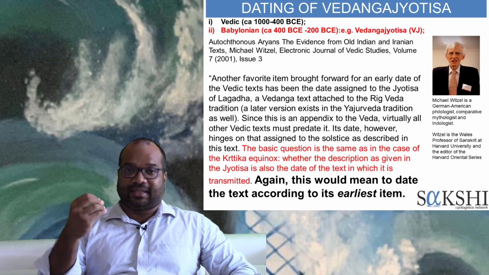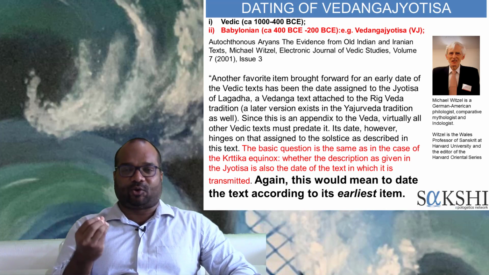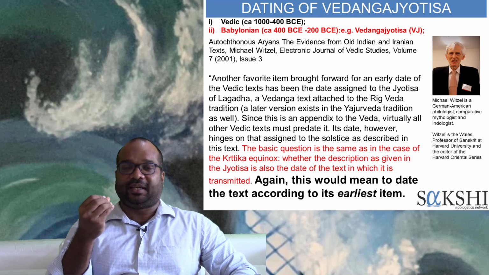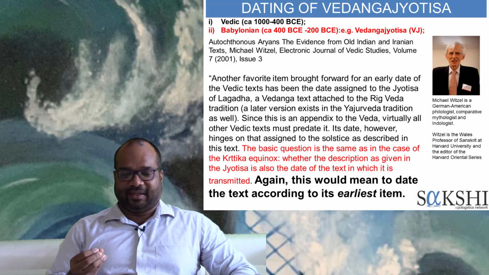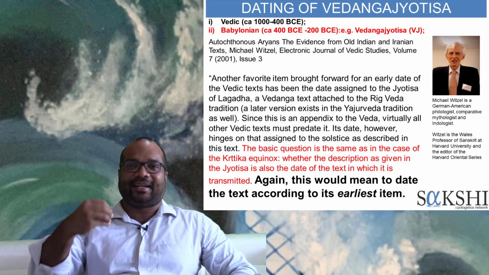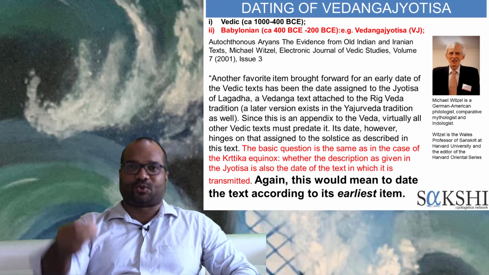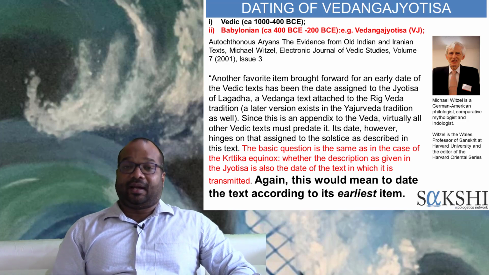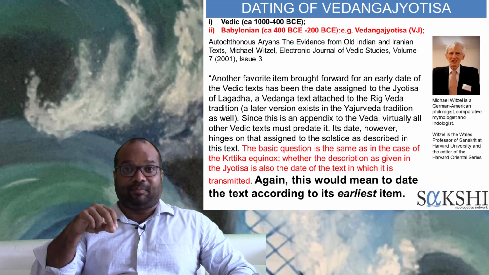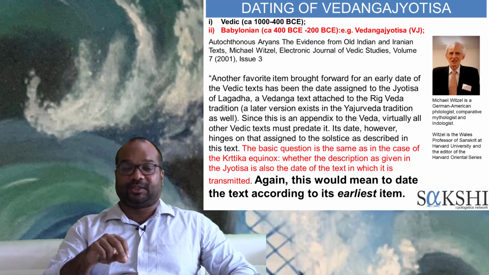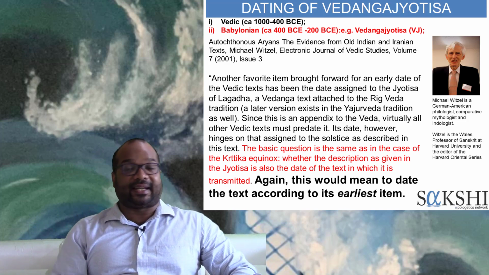He points out this dating of the Vedas, and in that context he speaks about the dating of the Vedanga Jyotisha as well. So he says how the Indian scholars or the Hindutva scholars would date them. They go by the nakshatra mentioned in the Vedanga Jyotisha book, and he points out the error in that.